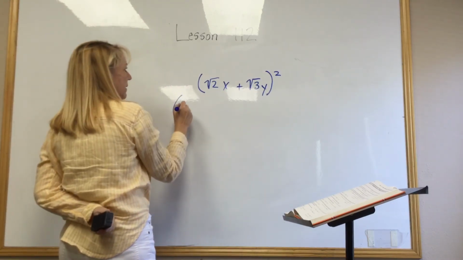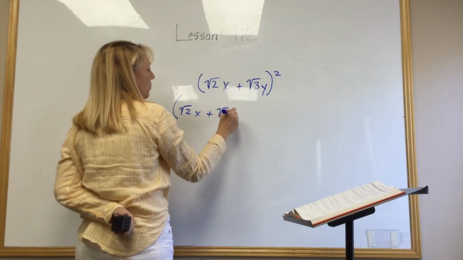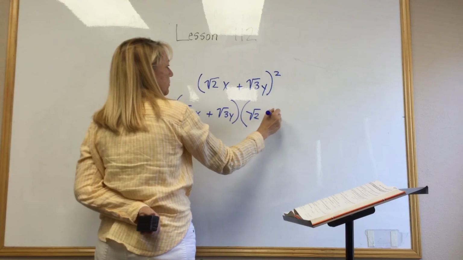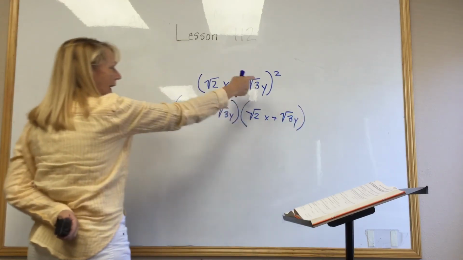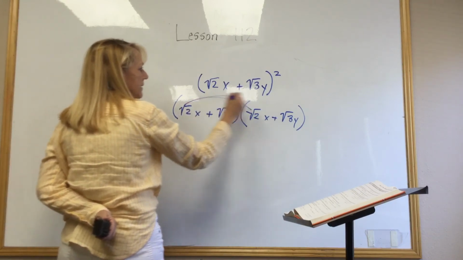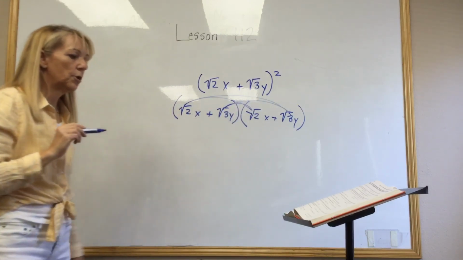So you rewrite it, square root of 2x plus square root of 3y times square root of 2x plus square root of 3y. Okay? That is this. It's twice. So now then you do it like that, and that times that, and then this times this, and this times this, and you do your like terms.